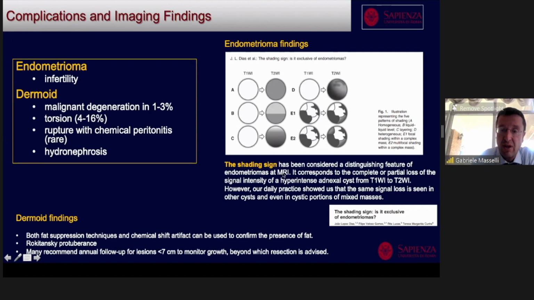You see the hematic and fluid levels. And so if you detect these findings, you are confident with the diagnosis of endometrioma. This in some cases can be seen also in other lesions, but in most of the cases is characteristic of endometriosis.